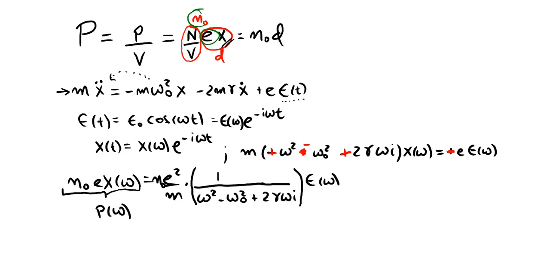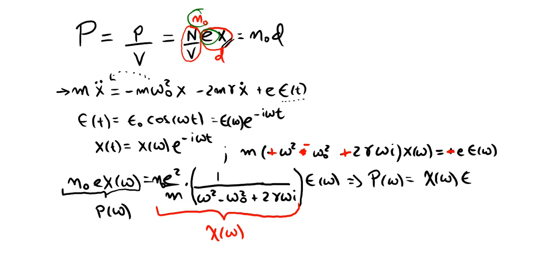Now I can even rewrite this by putting all these terms together and calling them chi of omega, and this equation is rewritten in this form. So the polarization as a function of omega is chi of omega multiplied by E of omega.